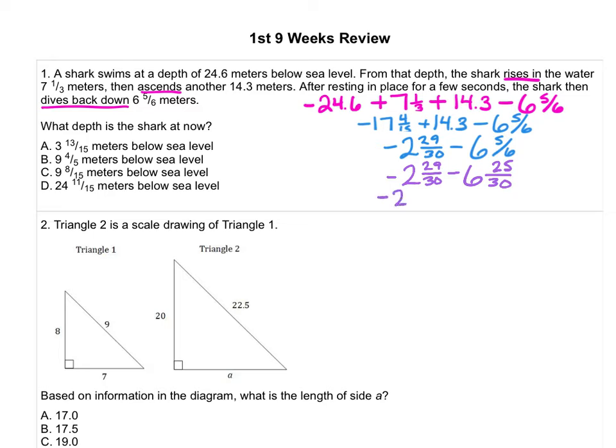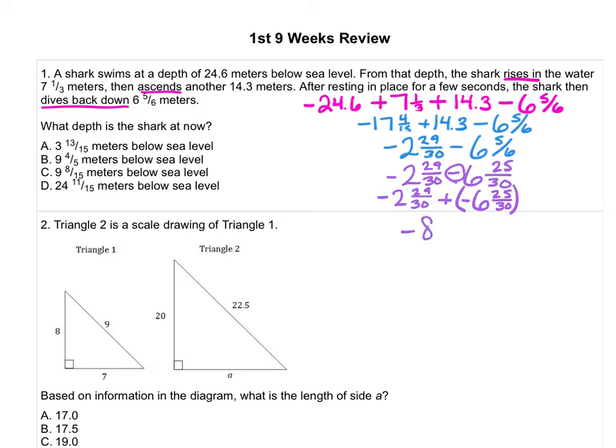And this is the same as saying negative 2 and 29/30 plus, add the opposite, negative 6 and 25/30. We're really adding the same signs, so we add and keep the sign. So we're going to keep a negative.